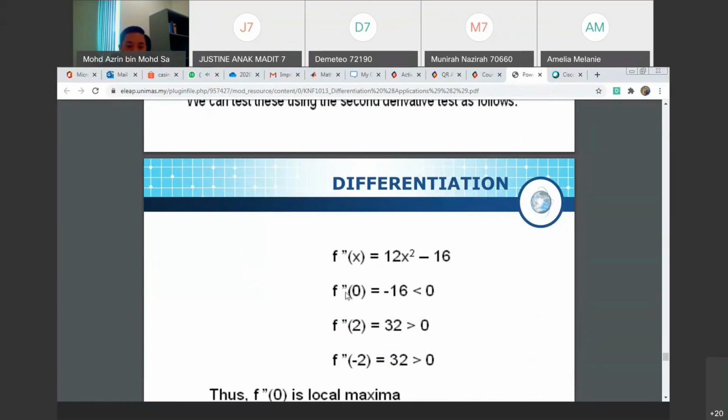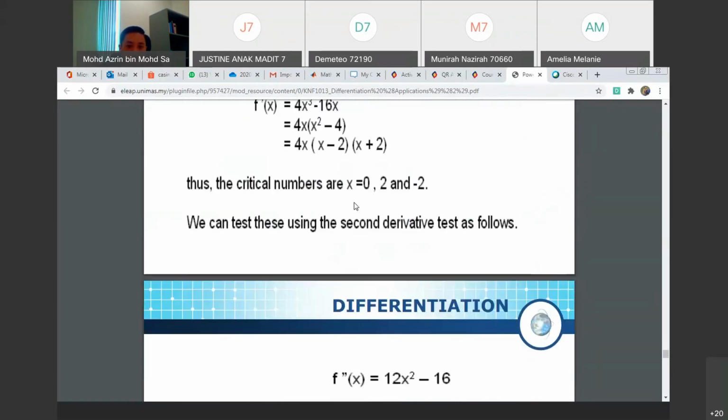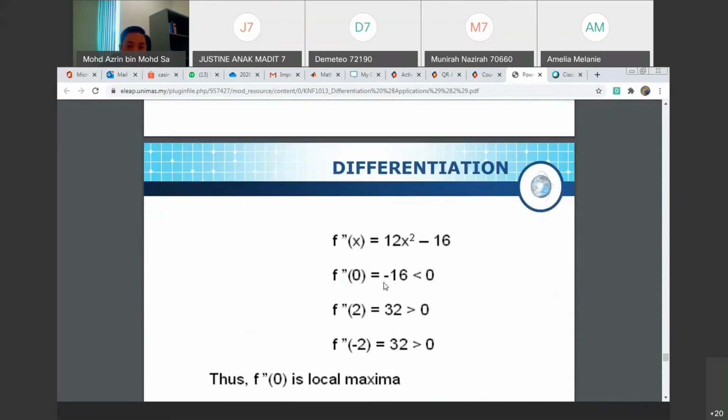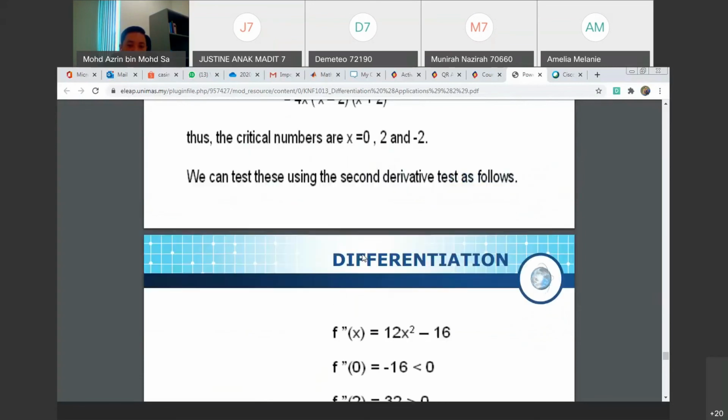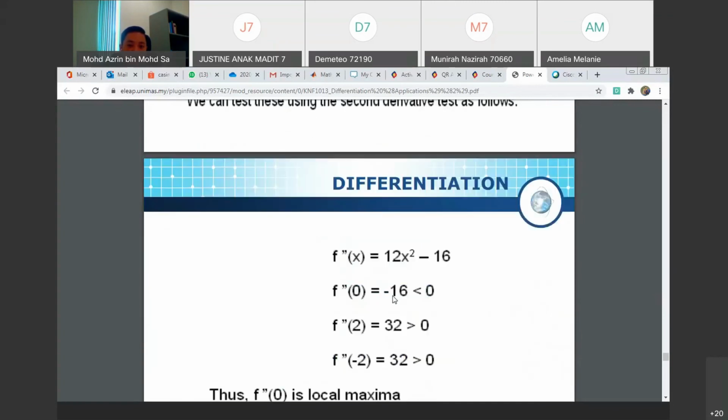Then when f is 0, bila critical number x equal to 0 here, so you akan dapat masuk 0, you dapat negative 16. Negative 16 adalah less than 0. So less than 0 adalah maksud dia apa? It is maximum. So when x value adalah 2, you dapat 32.